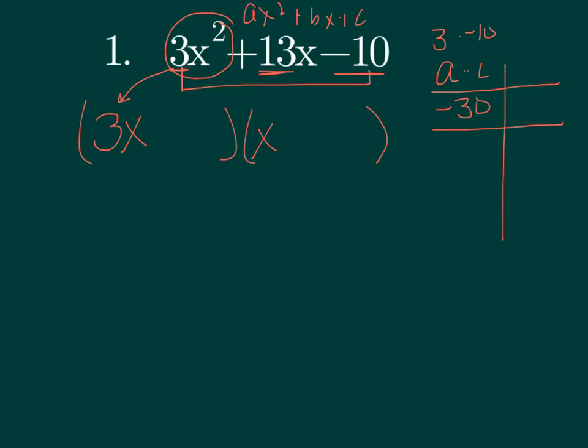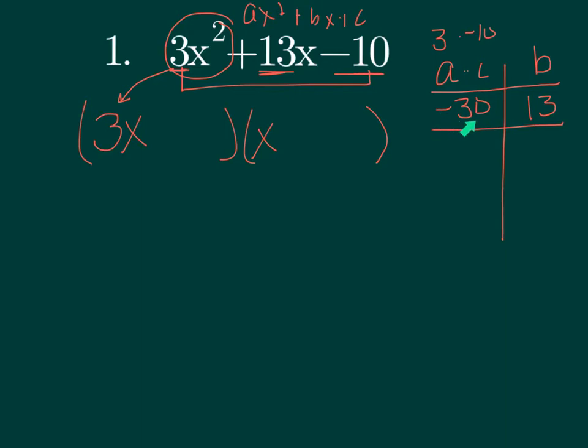Now, on this column, we are going to put our b term, which in this case is the middle term, 13. All right, so we want factors of negative 30. We want numbers that when I multiply I get negative 30, but when I add them I get 13. So when we start here, this does get faster.